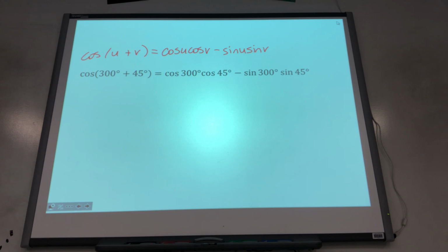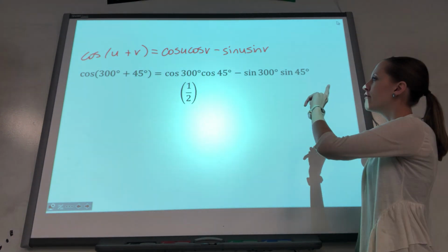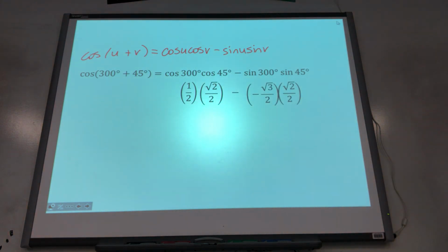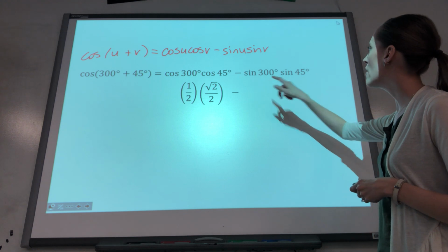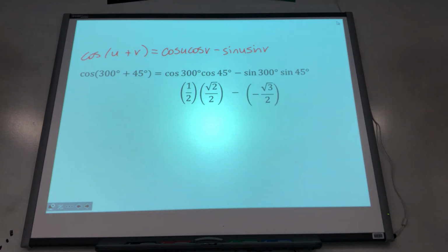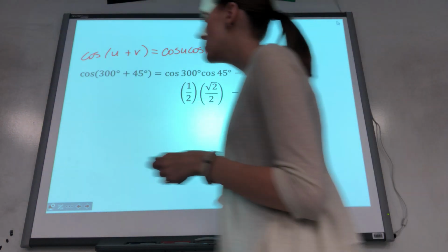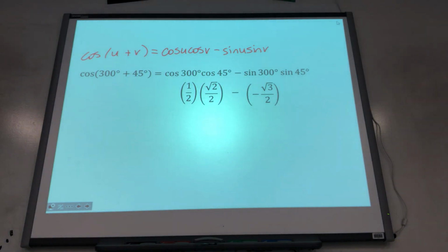Okie doke. Here we go again. Cosine of 300 is 1/2. Cosine of 45 is radical 2 over 2, minus sine of 300, which was negative radical 3 over 2, times sine of 45, which is just radical 2 over 2.